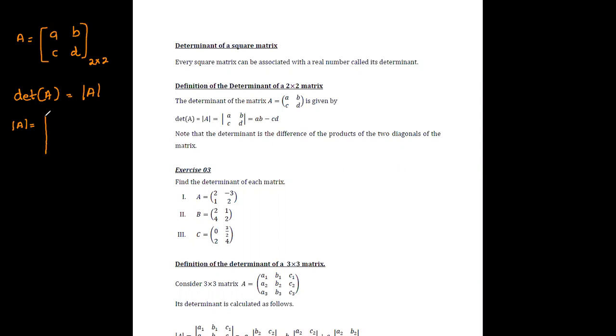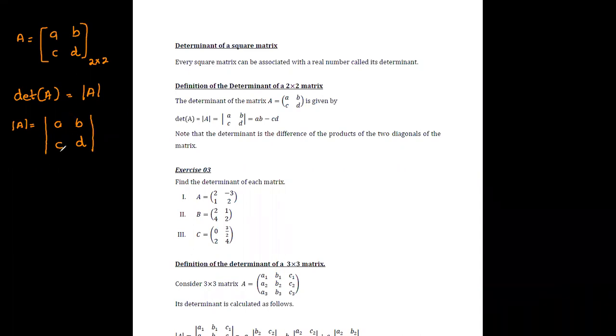Therefore, without using the box bracket or the parentheses, we write down the elements A, B, C and D. These are the elements of the matrix, and using the determinant notation, I have written them.